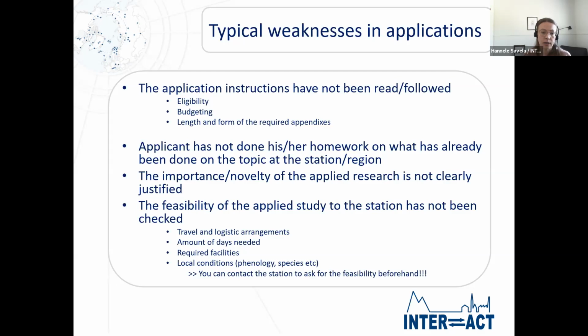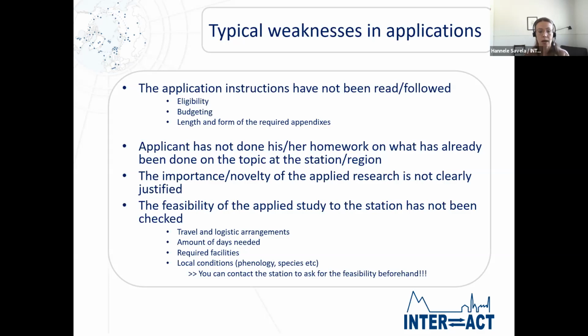Then, of course, it's important to justify the importance and novelty of your applied research, and also to check already before you submit the application the feasibility of your study at the station.